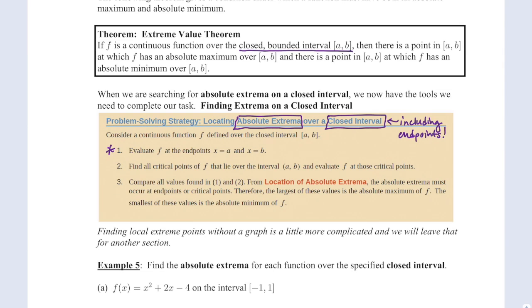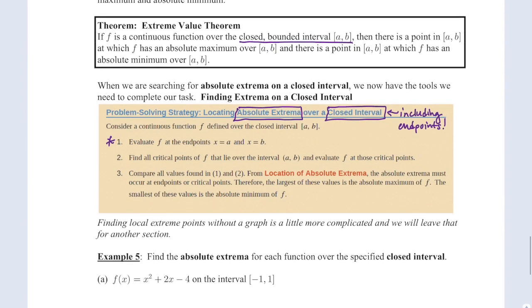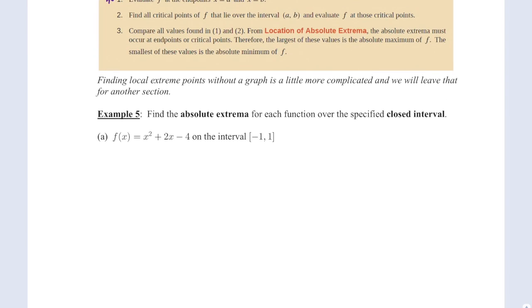Find all the critical points in that interval and evaluate the function at those critical points. And then just compare all those function values. The highest has to be the absolute max, and the lowest has to be the absolute min, because the absolute max and the absolute min have to occur at one of those. They can't occur anywhere else. So anytime the instructions are find the absolute extreme points over a closed interval, we'll go through these steps.